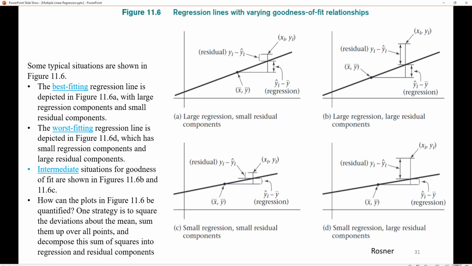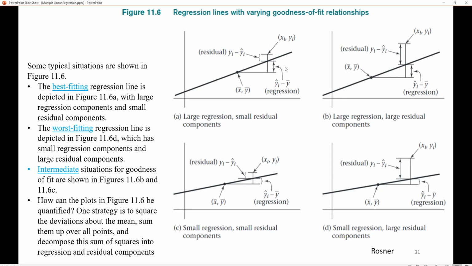So ideally, you want to have the biggest regression component compared to your residual component. The best fitting regression line is depicted in Figure A, with large regression components and small residual components. We get the best fit.